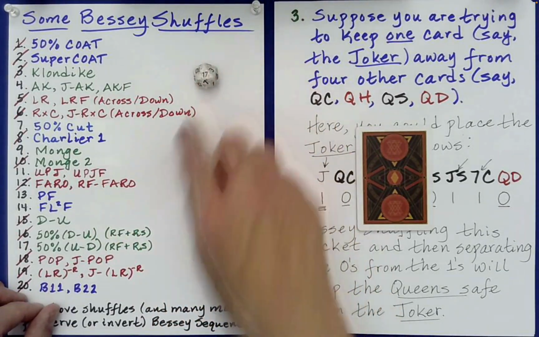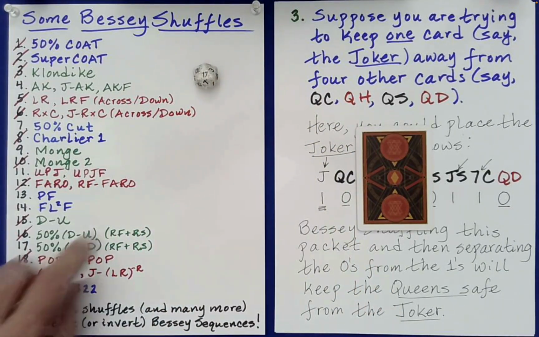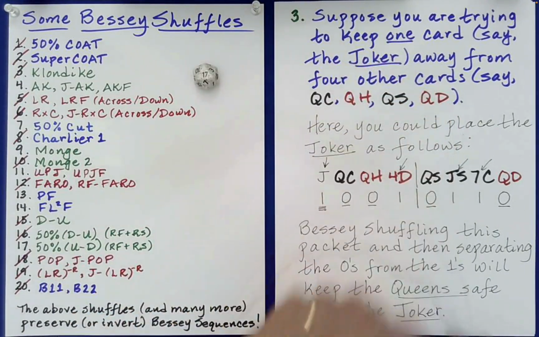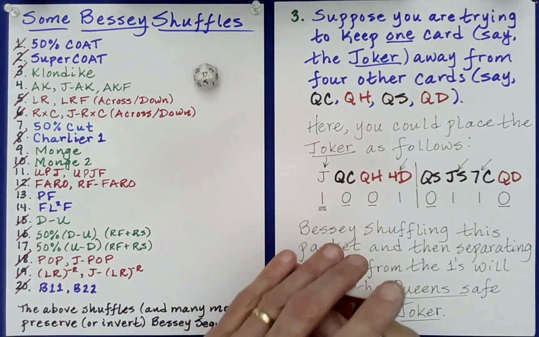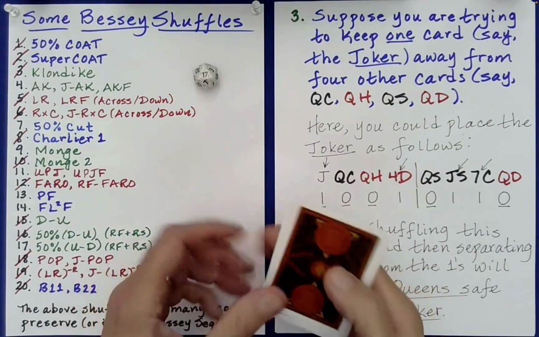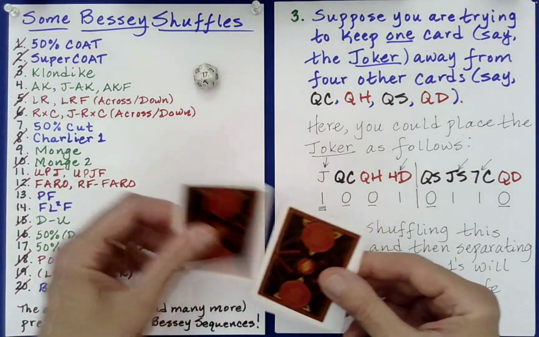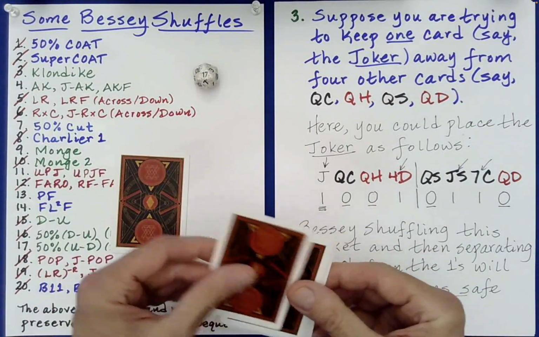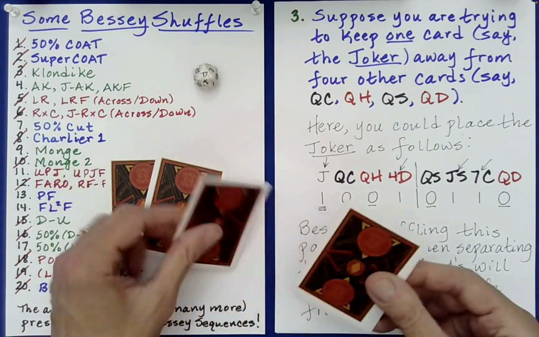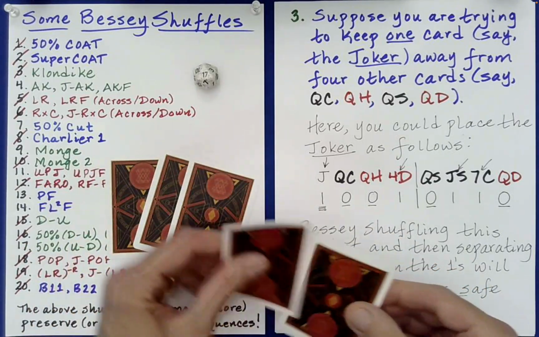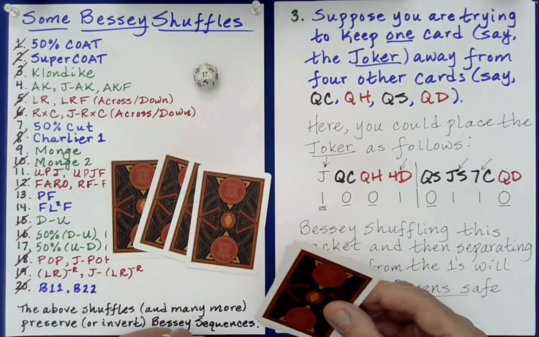We haven't done that one yet. So it's a 50% under down deal. So here we go. This is where you go under, down, under, down, under, down, under, down.